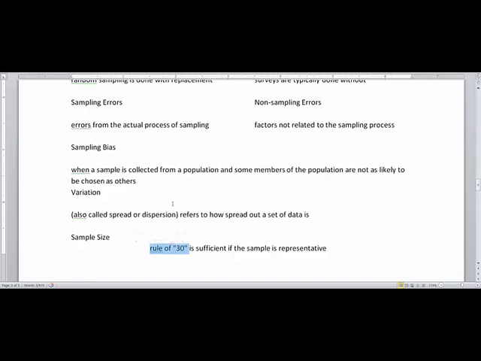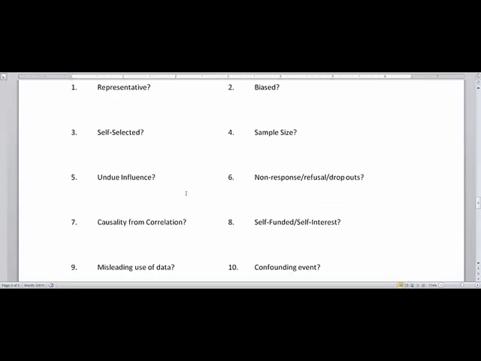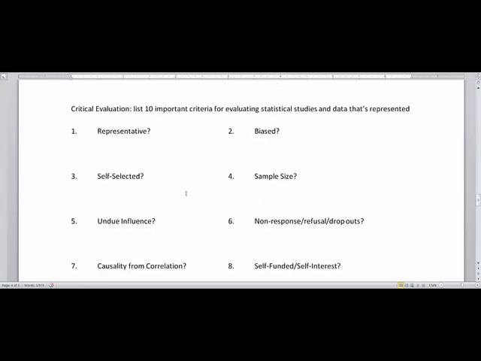All right, so getting close to wrapping this up here, I do want to give you the 10 things that the book wanted to throw in for critical evaluation of data. And I also want to throw in a couple of mine just to add to the book.